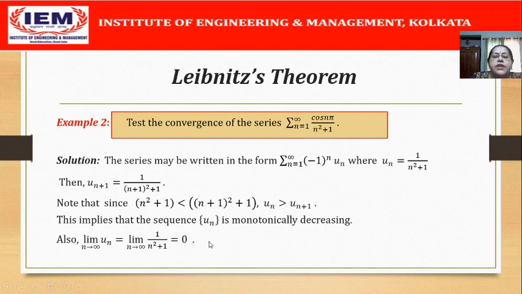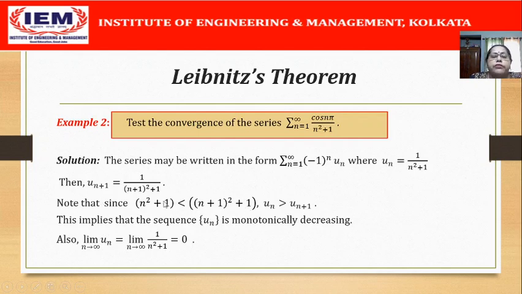So now let us check both the conditions of Leibniz theorem one by one. In order to check whether it's monotonically increasing or decreasing, we need to look into un plus 1, which will be 1 by n plus 1 whole square plus 1. Now, note that obviously n square plus 1 is less than n plus 1 whole square plus 1.